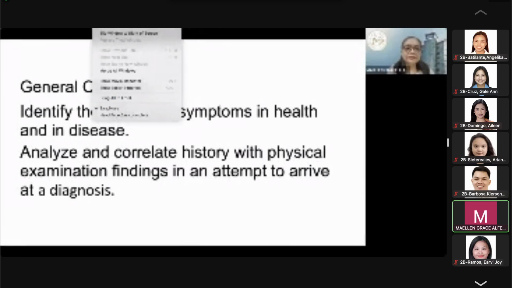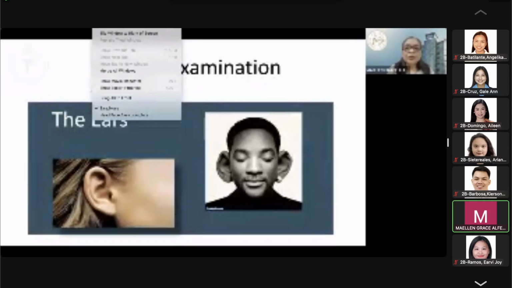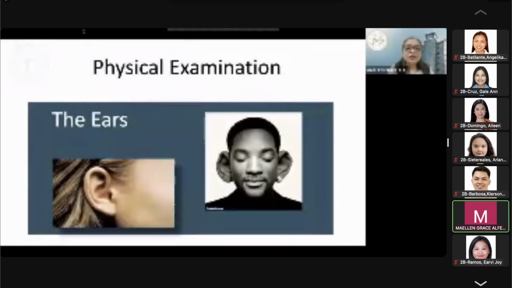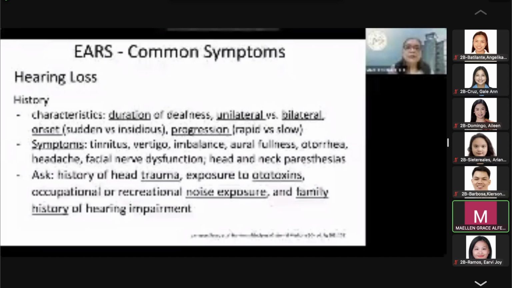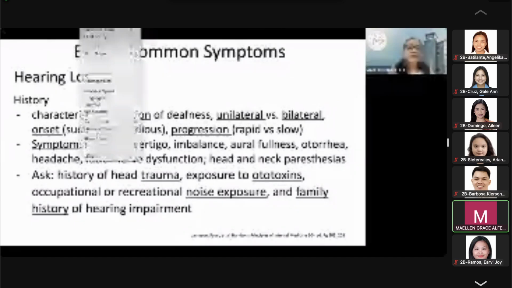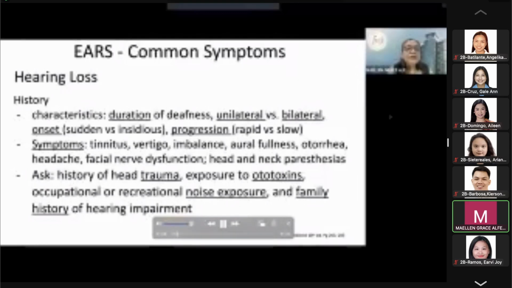Now, we will now proceed to the examination of the ears. The common symptoms in the ear would be first, hearing loss. In evaluating hearing loss, what are the things that we need to know in the history taking? First, you have to know the characteristics of the hearing loss. What is the duration of the deafness? Is it unilateral or bilateral? Is the onset sudden or insidious? Is the progression rapid or slow?